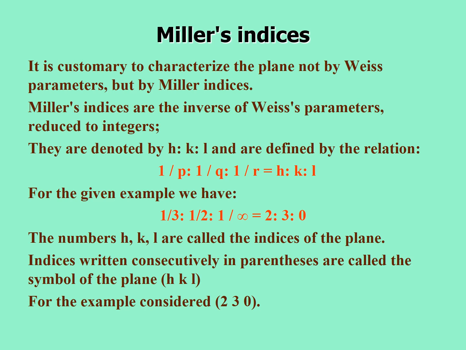The symbol (hkl) characterizes the entire set of parallel planes. This symbol means that the system of parallel planes intercepts a segment in h parts on a, in k parts on b, and in l parts on c. Cuts of segments are a/h, b/k, and c/l on the coordinate axis.